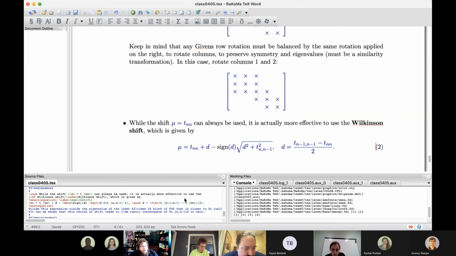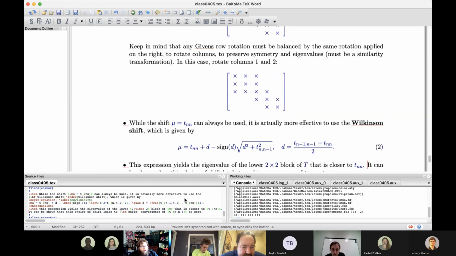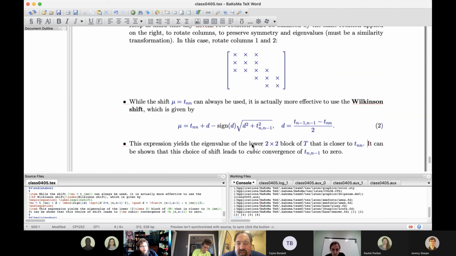Now, what is the definition of this Wilkinson Shift? You take the lower 2x2 block of your tridiagonal matrix T that has these entries, n minus 1, n minus 1, and nn, and then nn minus 1, and then you find its eigenvalues. The eigenvalues of a 2x2 matrix can be found using a quadratic formula, but this is choosing the root that is closer to TNN.